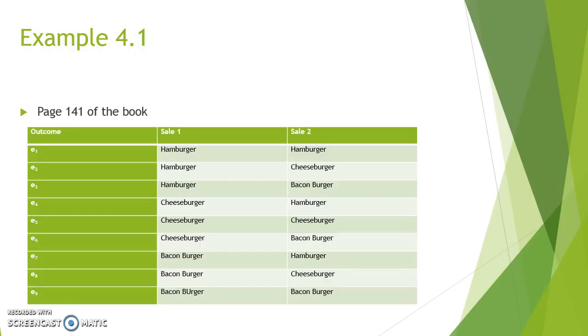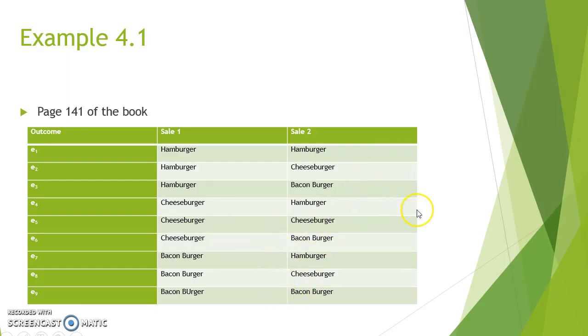And 1 divided by 9, you take your calculator and you look, the probability that both individuals will choose hamburger is 11%.